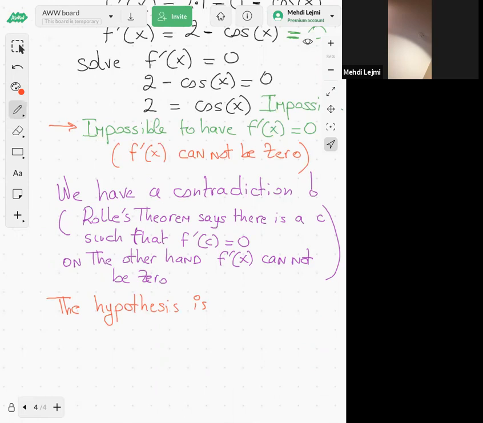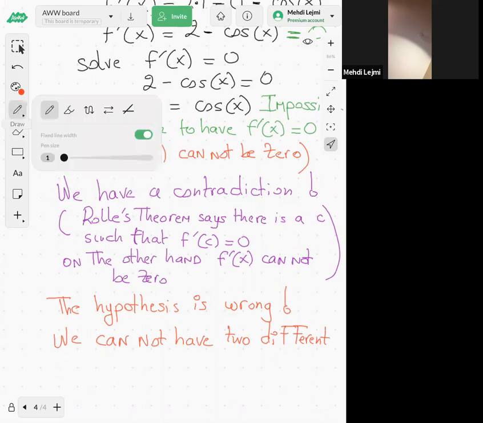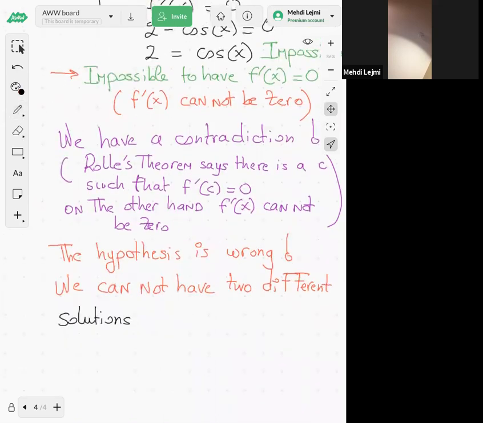My hypothesis was that I have two different solutions, so we cannot have two different solutions. And that will be the proof.